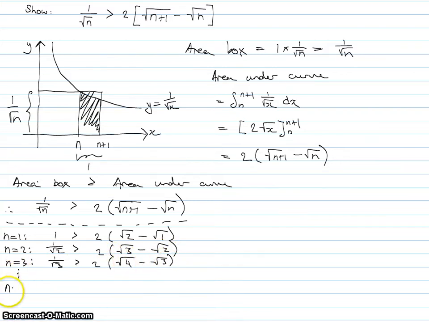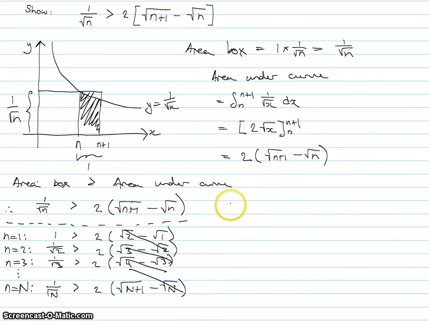What about when n equals capital N? We get 1 over root n is bigger than 2 times root n plus 1 minus root n. And we can already see our method of differences here. These will cancel, cancel, cancel, cancel. Right? We'll now add these all up.